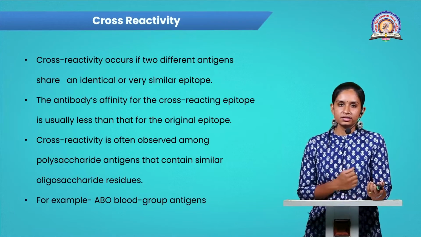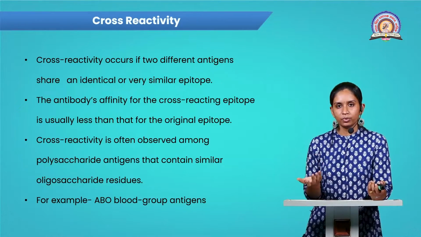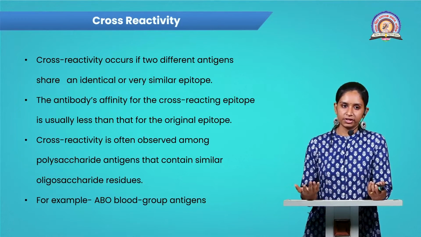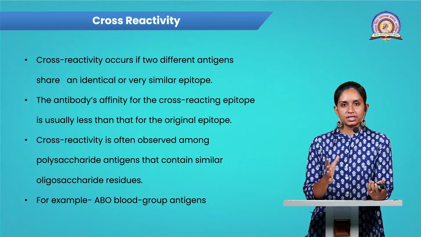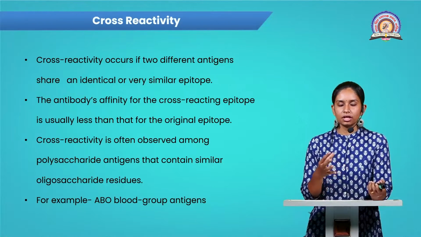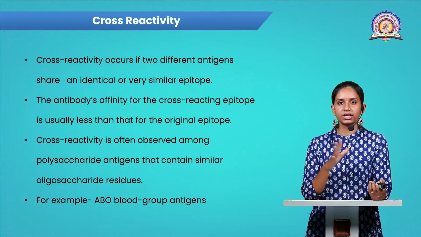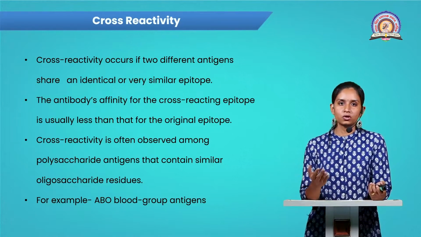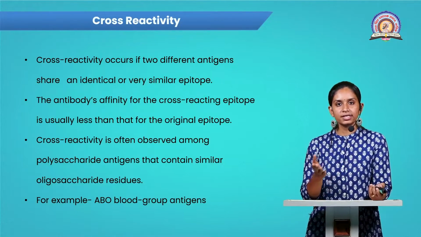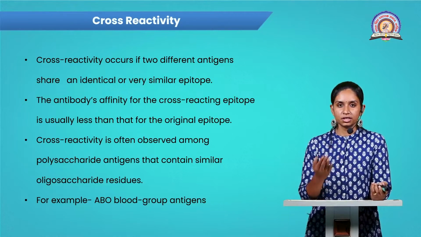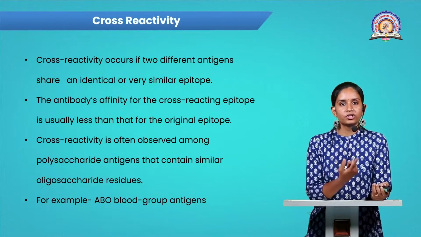The next characteristic of the antigen and antibody is the cross reactivity. Now, what do you mean by cross reactivity? For example, if two antigens are present which are carrying the similar epitopes on their surface, antigen A and antigen B, both are carrying similar epitopes on their surface, and antibody is secreted against the first antigen.